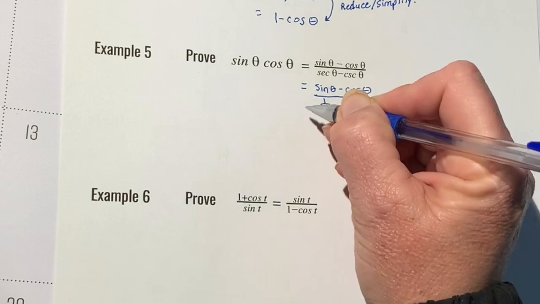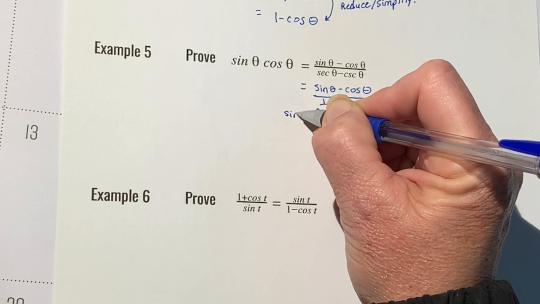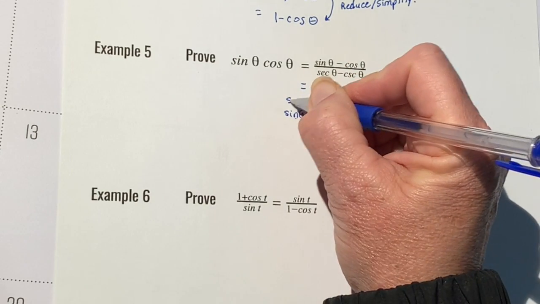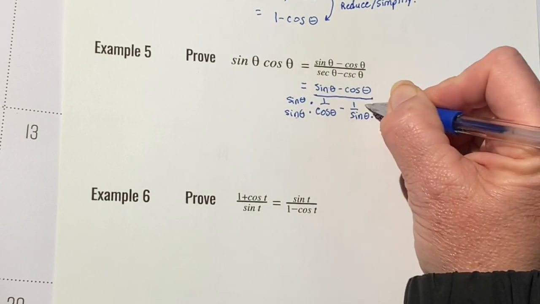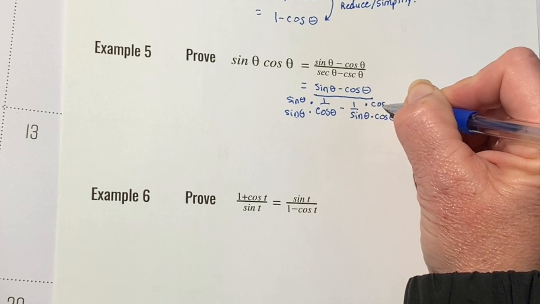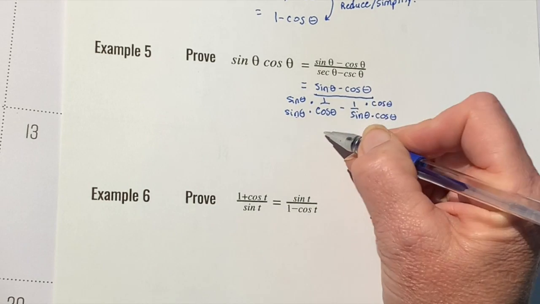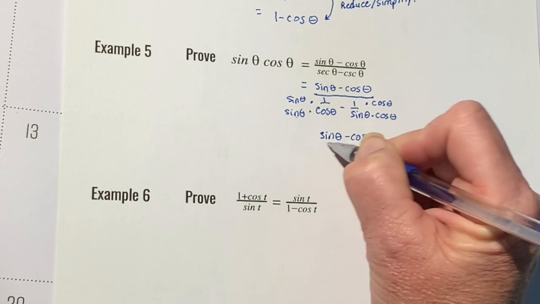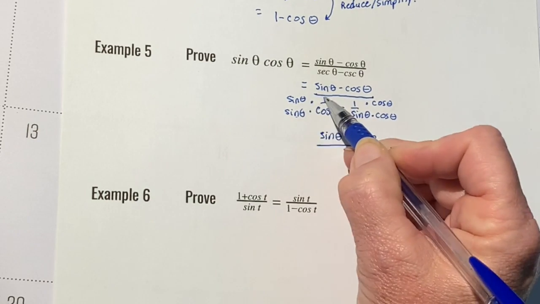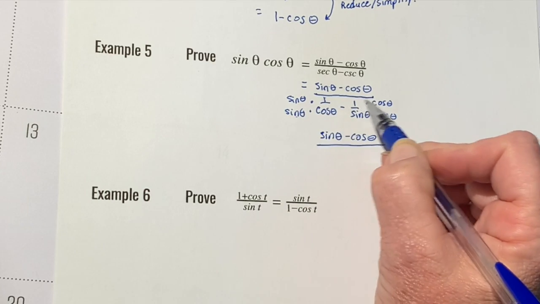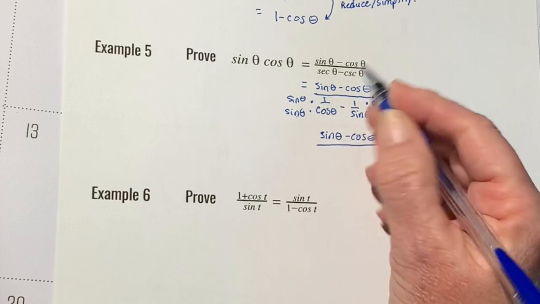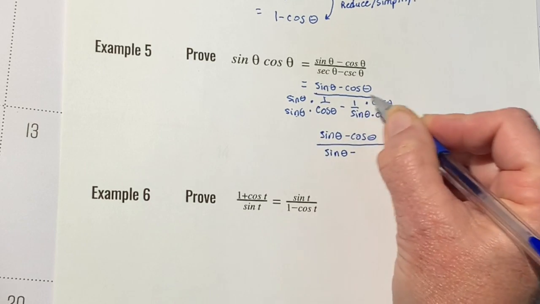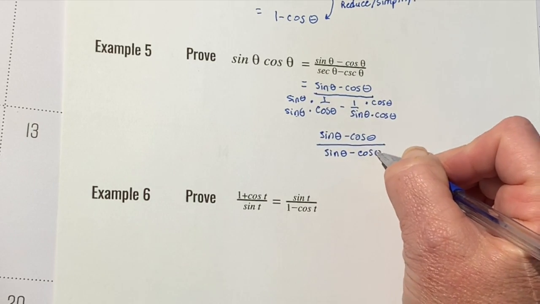To make the denominator the same, I would have to multiply this by cosine and this by sine. And remember, if you're changing the denominator, you've got to change the numerator in the same way. Multiply the bottom by cosine here, so I'll multiply the top by cosine. So I end up with sine over sine cosine minus cosine over sine cosine. Sine times 1 is sine, and this one is cosine times 1, so it's cosine.